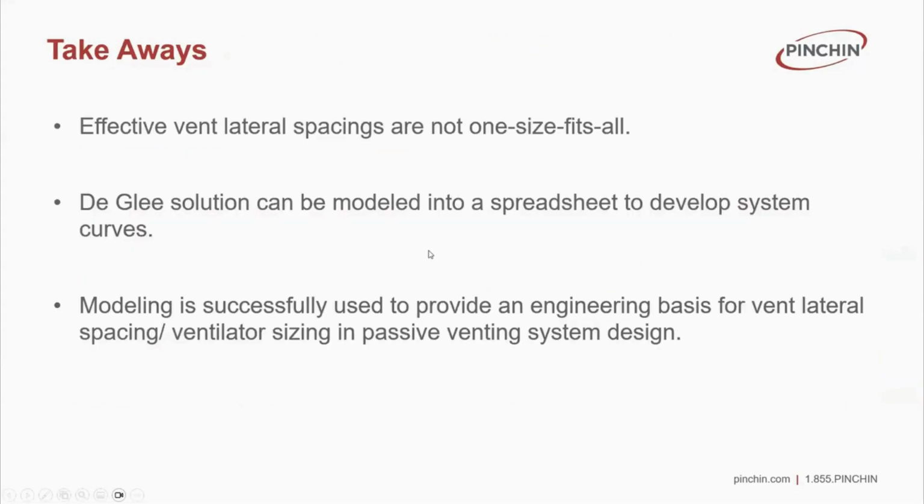Takeaways: effective vent lateral spacing is not one size fits all, so you can't just use 50 feet of spacing in every situation. The Dagan solution can be modeled in a spreadsheet to develop system curves, and modeling was successfully used to provide an engineering basis for vent lateral spacing and ventilator sizing in this case.